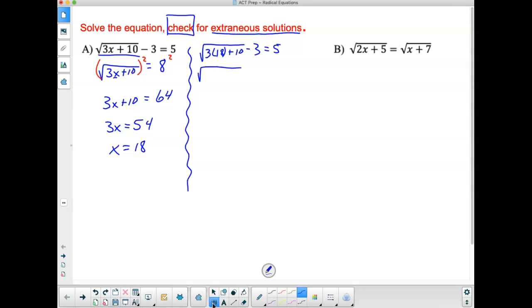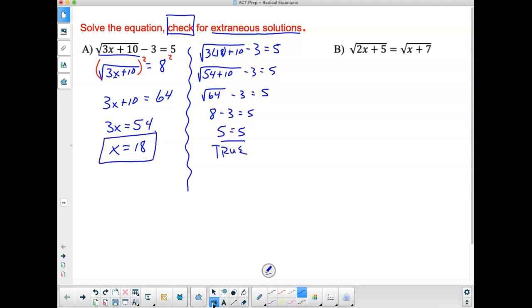That's 3 times 18, which I got back here, that's 54, plus 10, minus 3 equals 5. This gives me the square root of 64 minus 3 equals 5. The square root of 64 is 8, minus 3 equals 5, and I find out 5 equals 5. Because that's a true statement, that means 18 is the solution to that equation.